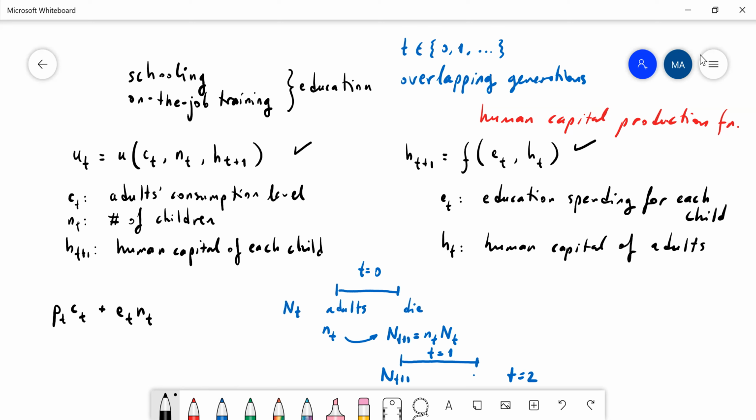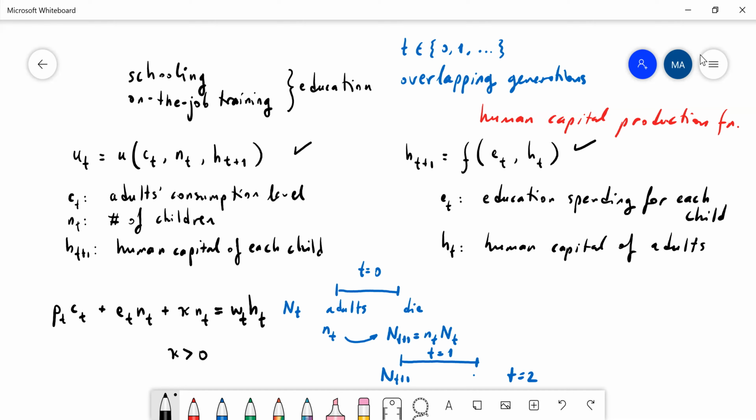And you may imagine there's a cost of having kids. Let's suppose that this cost is constant for now. For each kid, you have to purchase kappa units of the final good. Now this will be equal to wage, earnings, which could depend on some base wage rate.